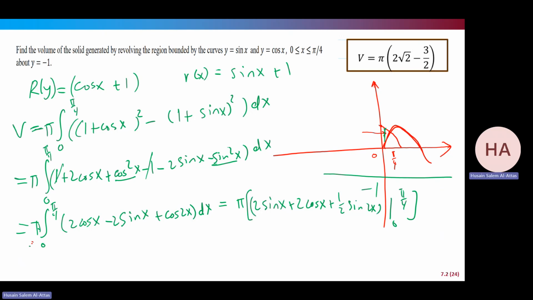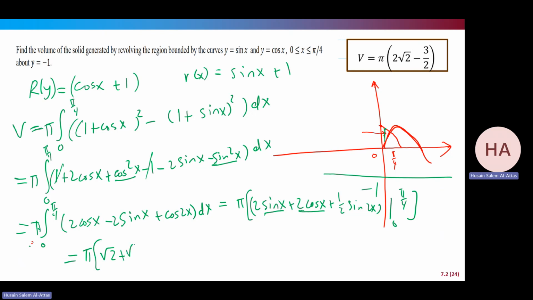So I have 2 square root of 2 over 2, so I have square root of 2, square root of 2.